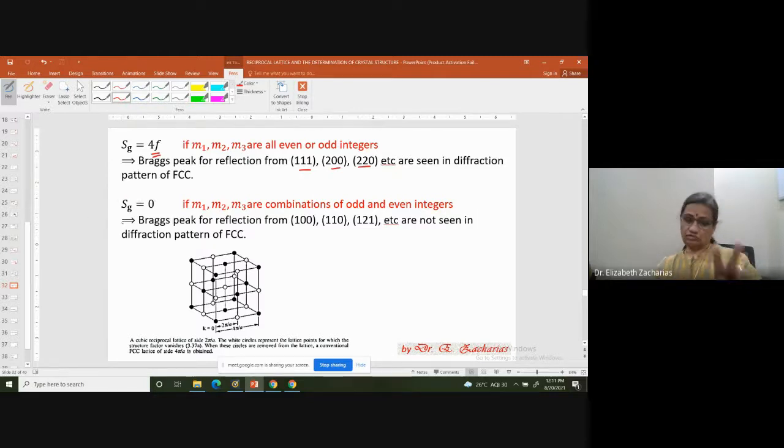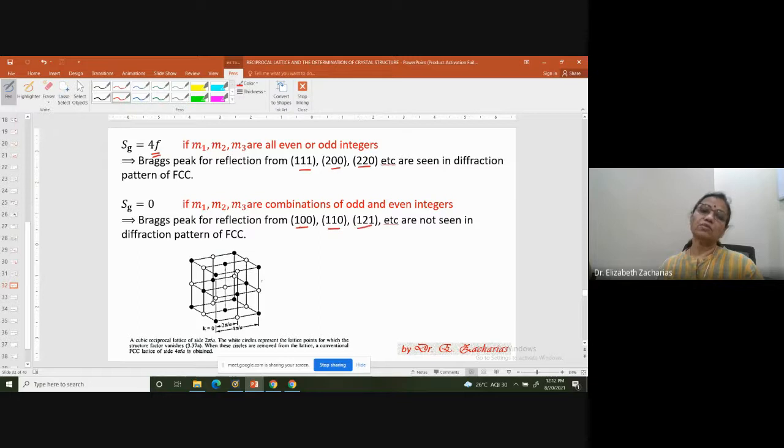When there is a combination of odd and even, there were 4 terms, okay? 2 will become plus 1, 2 will become minus 1. Therefore, the sum will become 0. So what does this mean? This means that you will not see reflections like 100. It's a mix of odd and even. You won't see 110. That's a mix of odd and even.